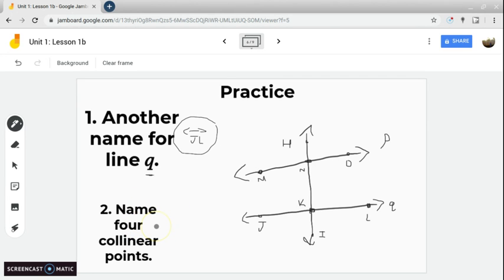Alright, number 2, name 4 collinear points. That will be 4 points that are on the same line. Well, there's only 3 lines on both of these, so let's look at this one. We have I, N, K, and H. You will say it without commas, because commas would show that they're different lines.